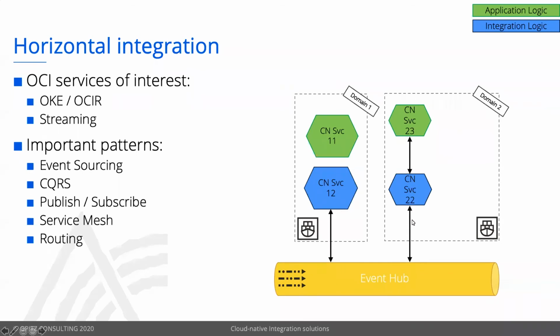This guy is consuming it and is forwarding it to the business service. And because this inter-domain communication is synchronous, we need to keep in mind, because it runs over a network, the network is unreliable.